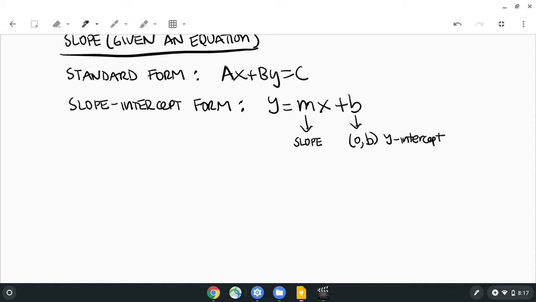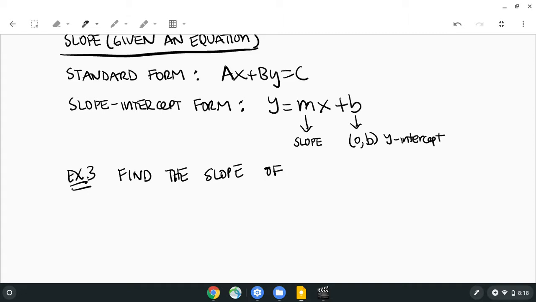Okay, so let's take a look at an example. So if we're given an equation, how do we find its slope? Okay, so find the slope of, and we'll look at 3 examples just to make sure you understand this one.